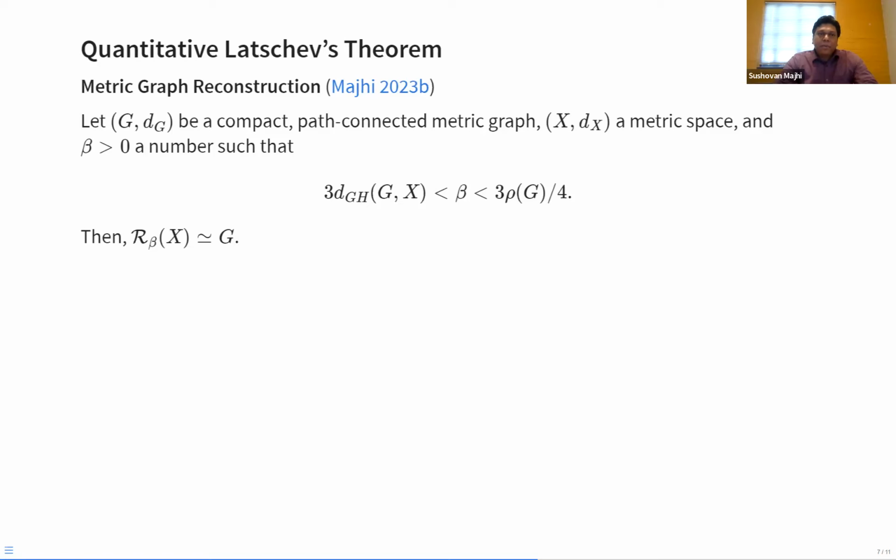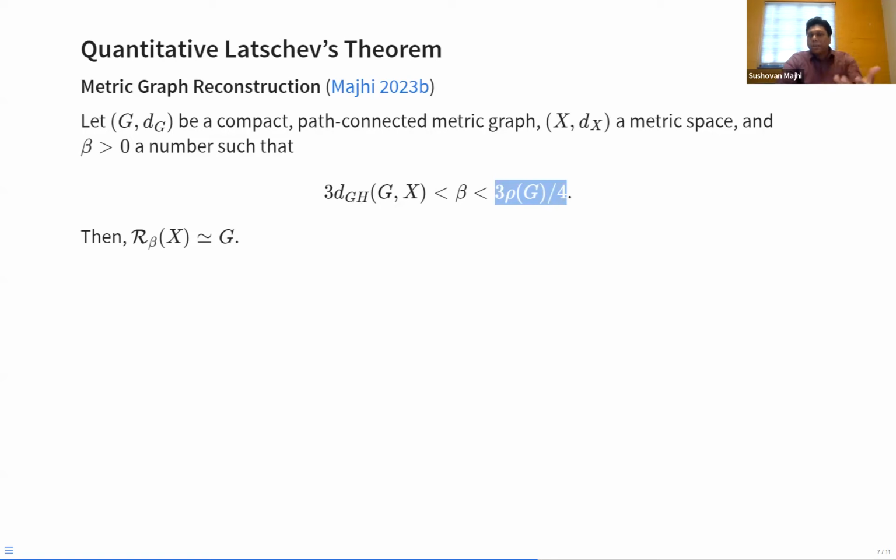And here is a statement: if you have a compact path-connected metric space, these assumptions, but if you have a metric graph that you are trying to reconstruct, and again, it's a length space, it's a nice length space, so we can define convexity radius also for graphs, then one can use this bound, as you can see here. Rho is the convexity radius. Again, if you have a graph, the convexity radius would be a quarter of the shortest simple cycle of the graph, right? The same way we did it for the circle.